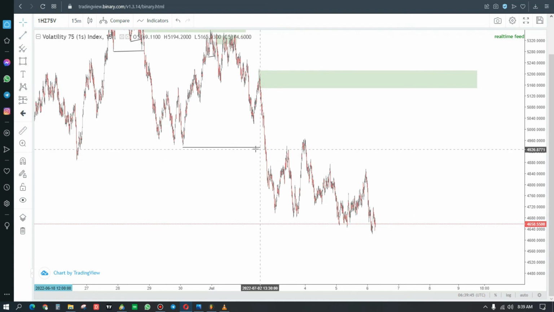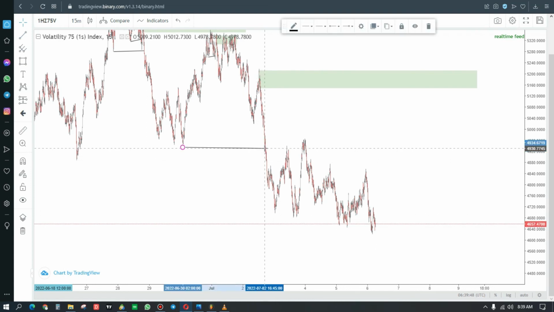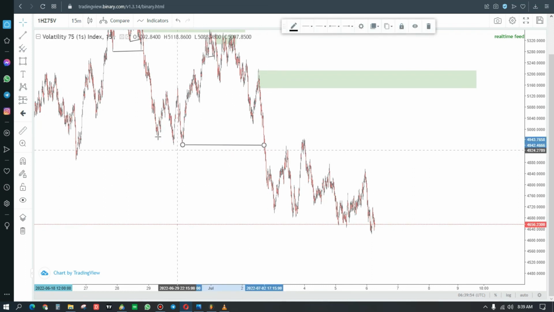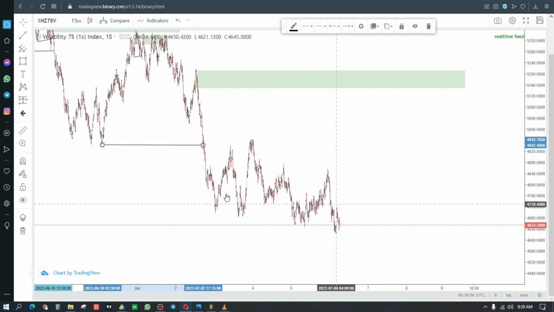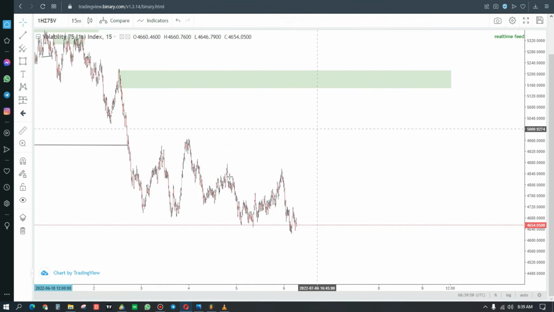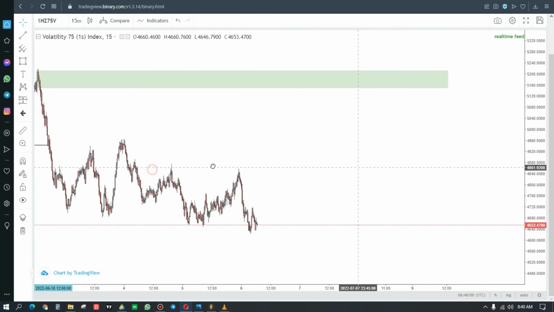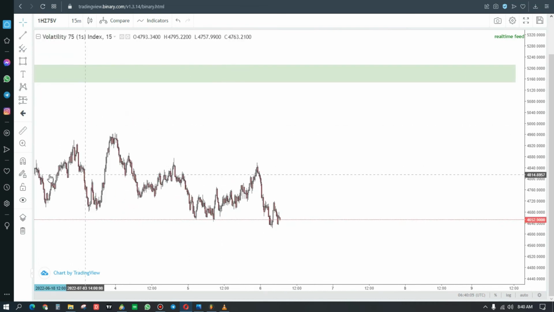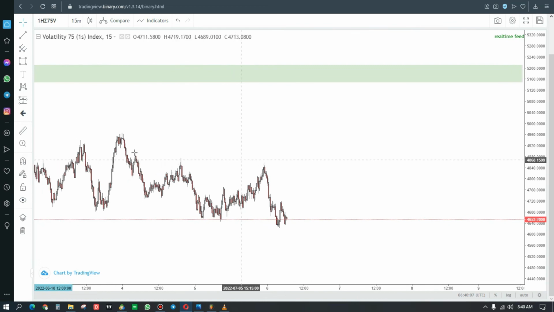As this low just got swiped out, and there was liquidity that lay above these lows, the market just never looked back. That's what I'm seeing here.